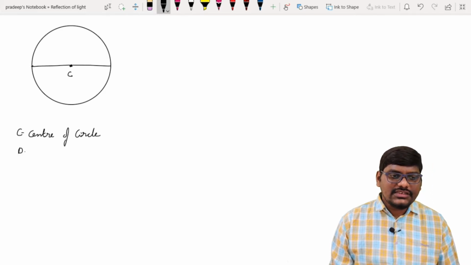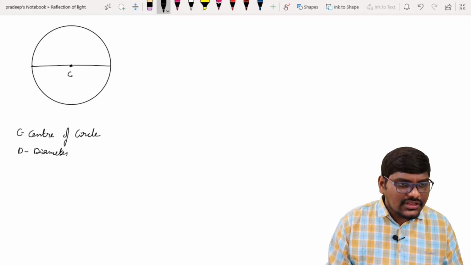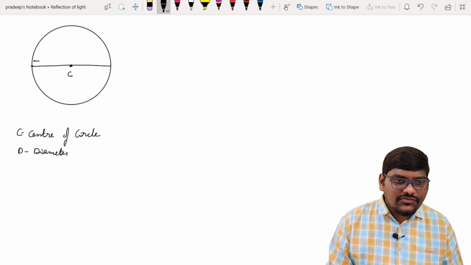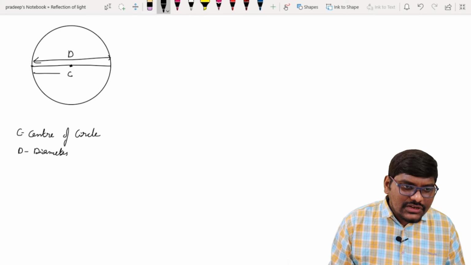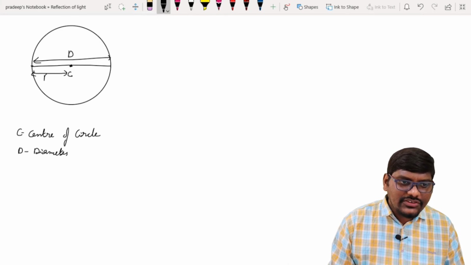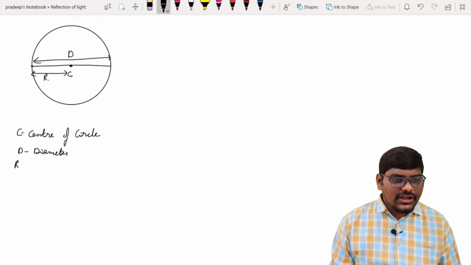That is the diameter. The line passing through the center from one end to the other end, this full line, is the diameter, which we can represent with D. Half of the diameter is the radius, so R is nothing but radius.